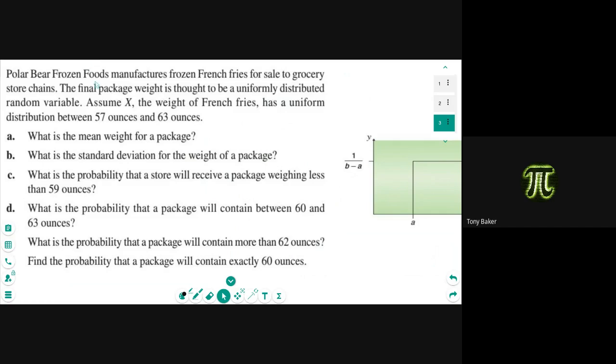In this case, we're looking at frozen French fries. The final package weight is thought to be uniformly distributed, a random variable that has a uniform distribution between 57 ounces and 63 ounces. So the bag probably says 60 ounces on it, but it's somewhere between 57 and 63.